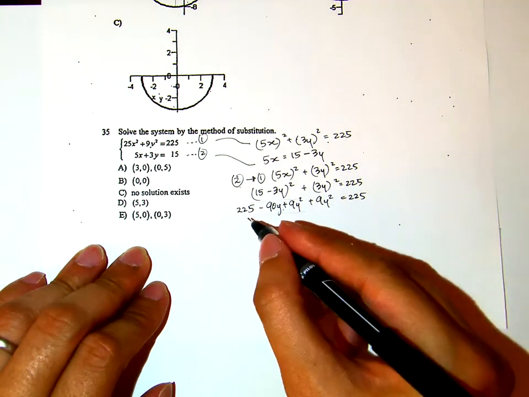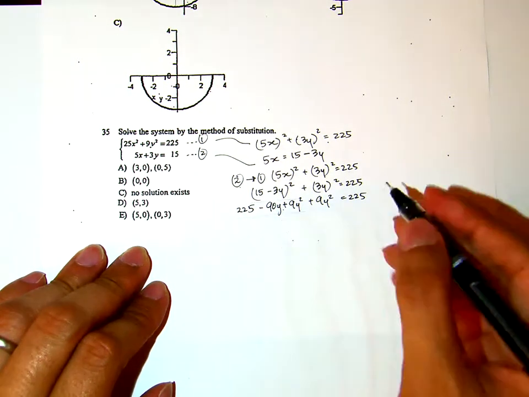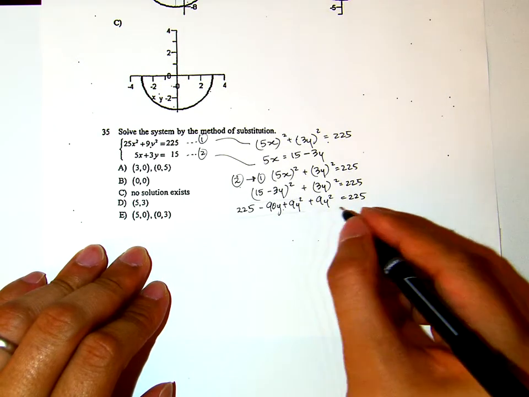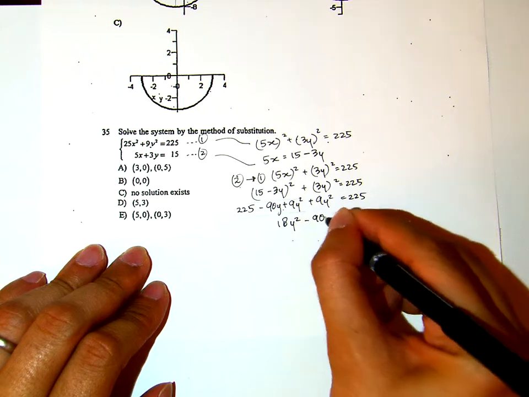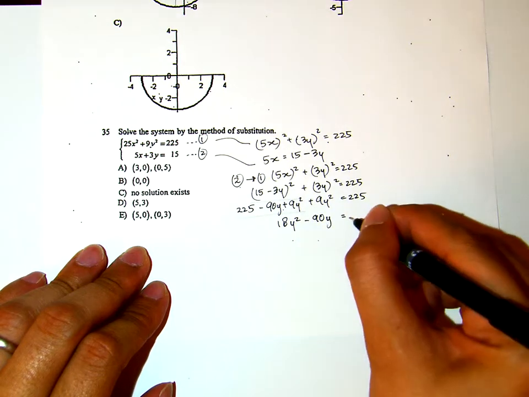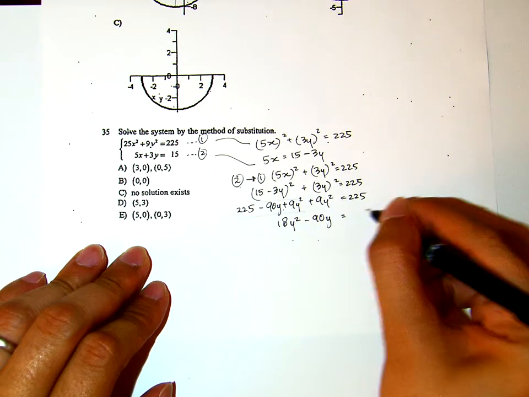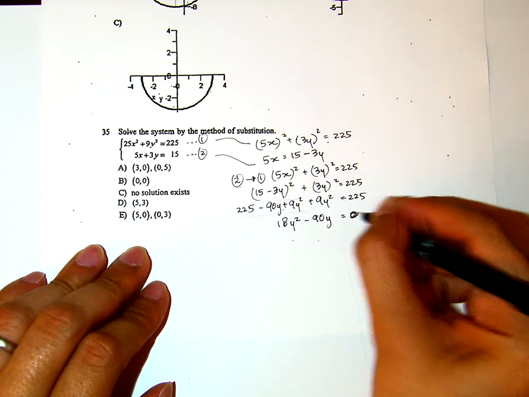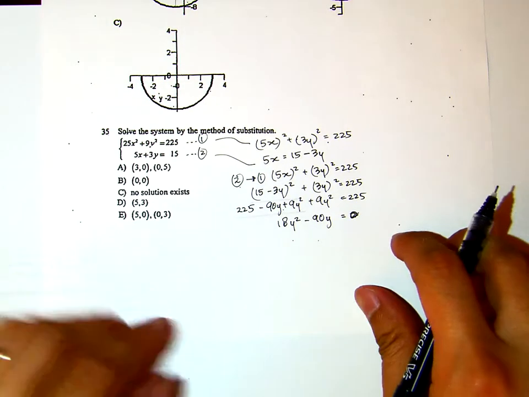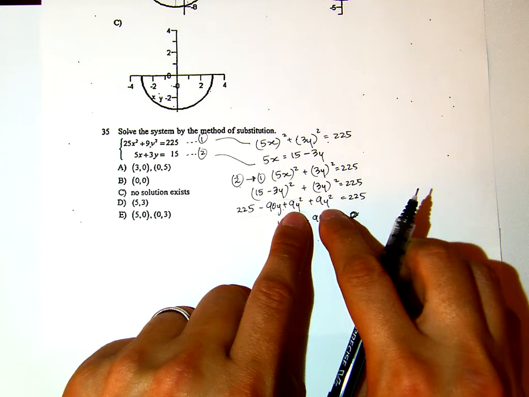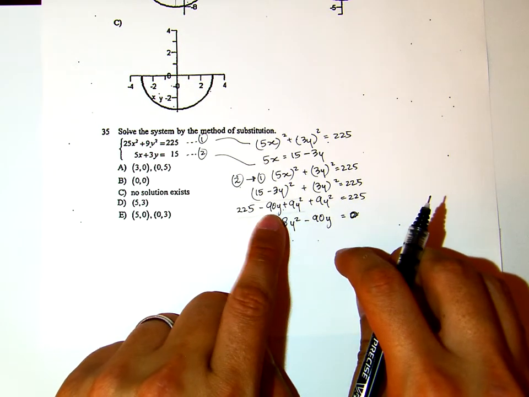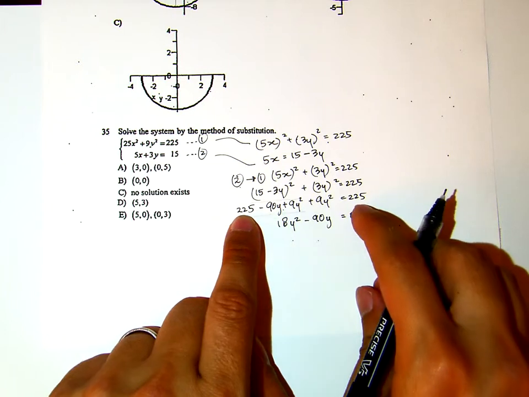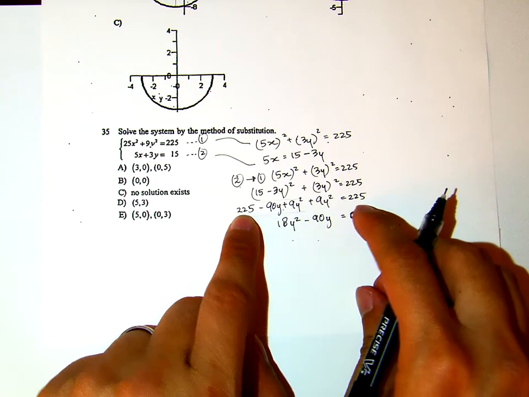And then I can subtract 225 from both sides and combine like terms. Now I have 18y² minus 90y equals 225 minus 225, that's 0. Notice that I combine 9y² with 9y² and get 18y², negative 90y, and then 225, if you move it to the other side, that cancels.